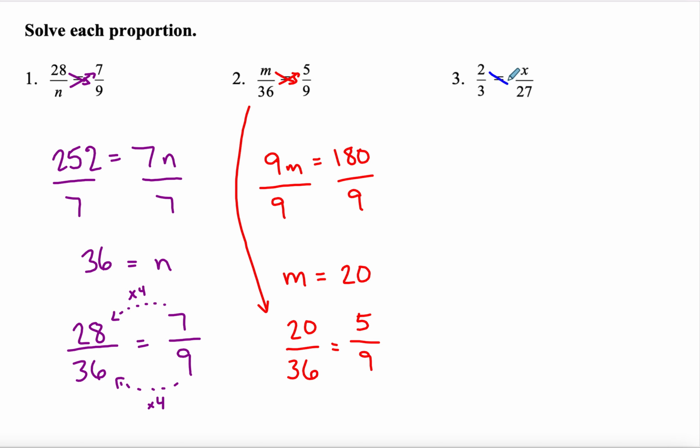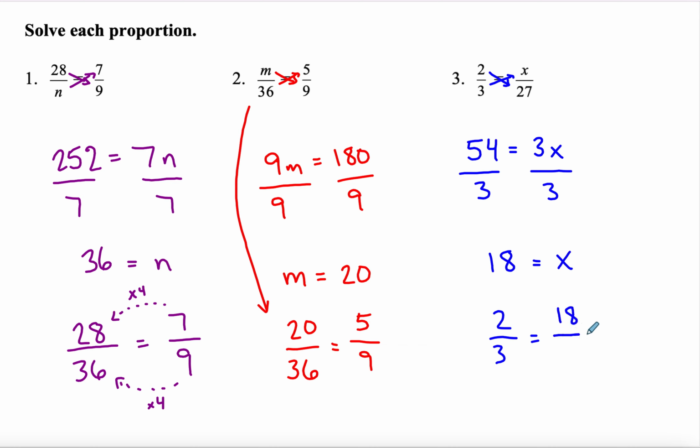Well, again, we simply cross multiply. 2 times 27 is 54. 3 times x is 3x. We divide by the number attached to the variable. 3 divided by 3 is just 1x. 54 divided by 3 is 18. So 2 divided by 3 is the same as 18 divided by 27, right?